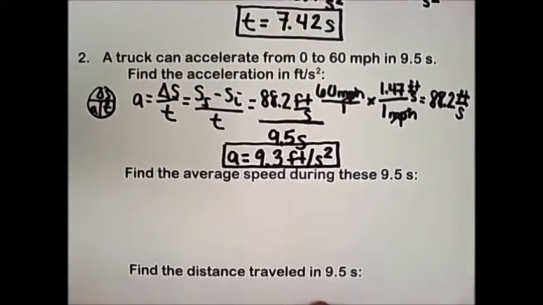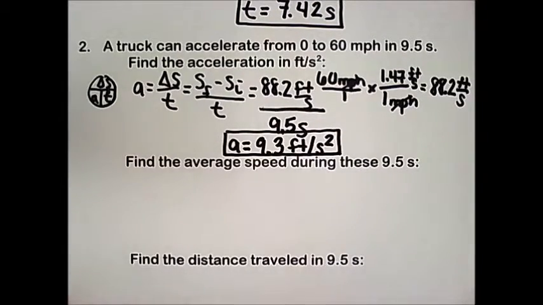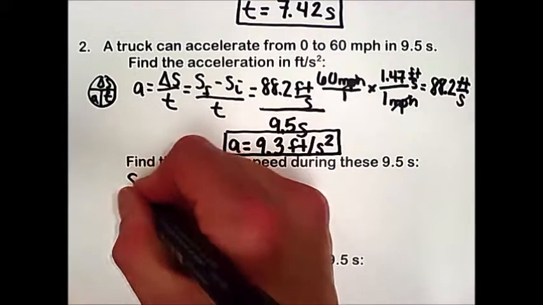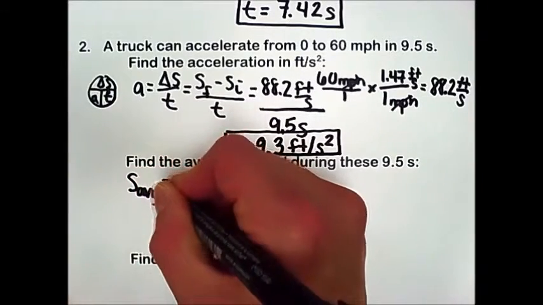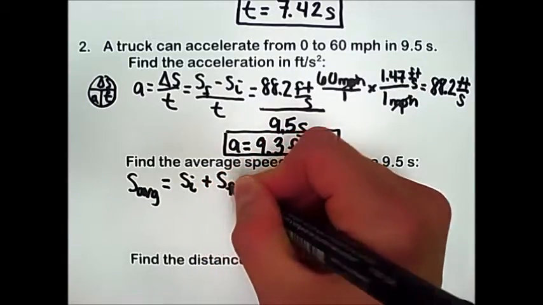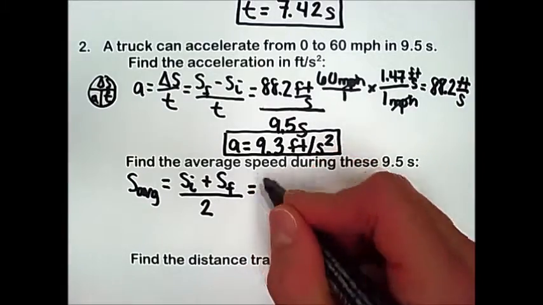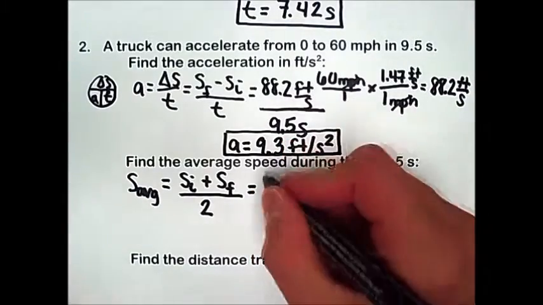The next part of this problem asks us to find the average speed during these 9.5 seconds. So average speed is equal to our initial speed plus the final speed divided by 2. Our initial speed from before is 0.